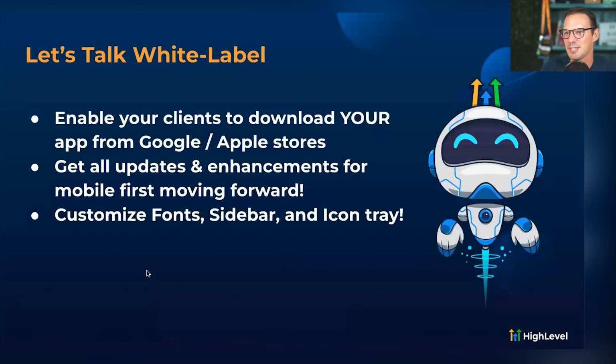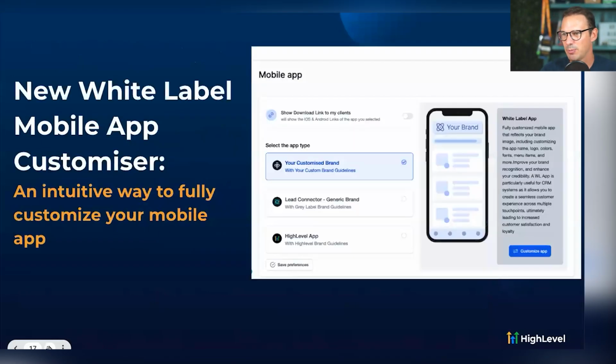So let's give Neil and his team a big round of applause for pushing that out ahead of time. But it sounds like around level up is when the white labeled folks will start to get prioritization of the releases for the updates. So we now have custom fonts, sidebar, icon tray, dark mode, tap to pay we just talked about, but let's get into it.